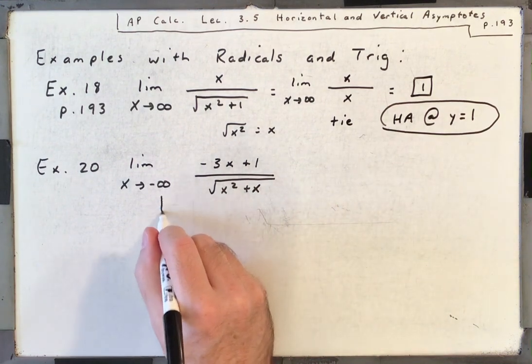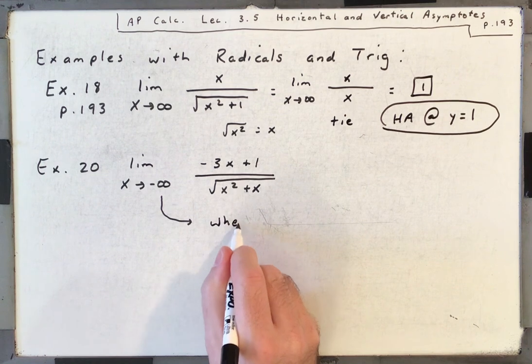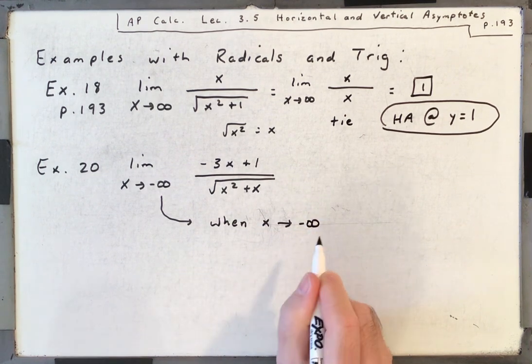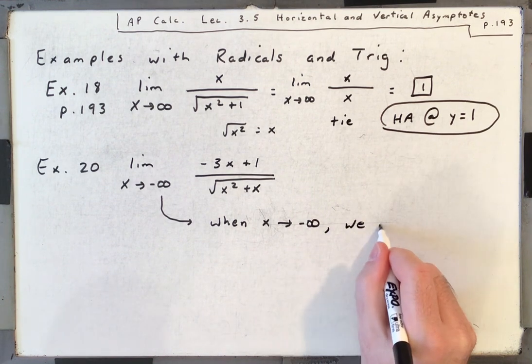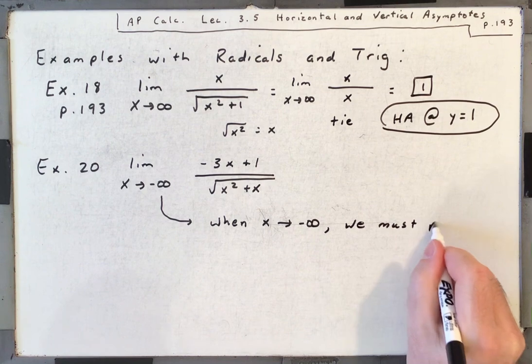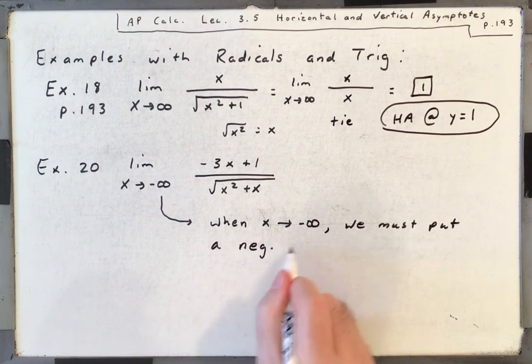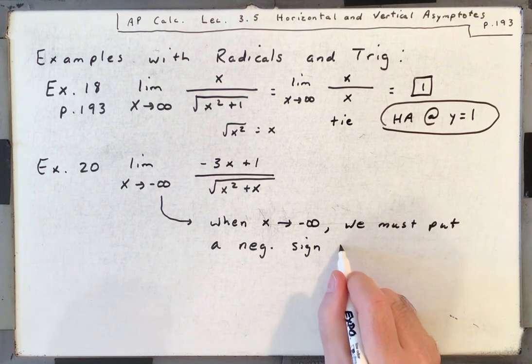Okay, so make a note here. When x approaches negative infinity, we must put a negative sign in front of the radical.